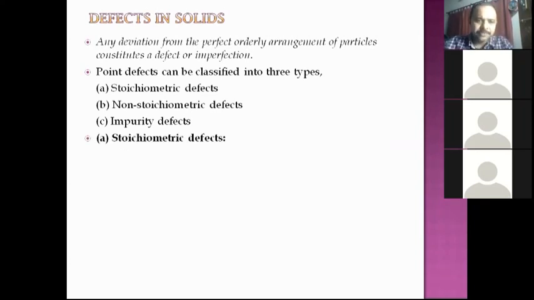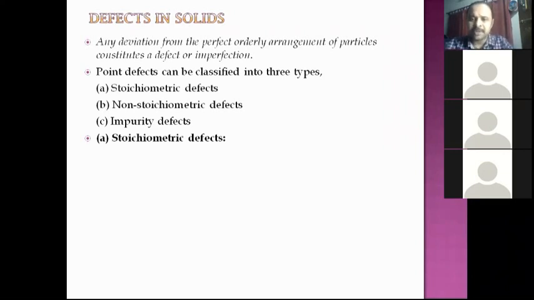Stoichiometric defect. Stoichiometry means what? Stoichiometry is a branch which deals with mole proportion, composition, formula, related calculations, all those, correct? Stoichiometry generally gives mole proportions, composition. A stoichiometric defect means the defect which doesn't affect the stoichiometry or formula or composition of the solid.